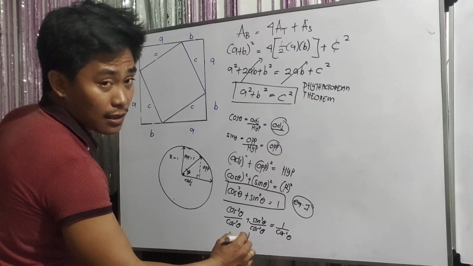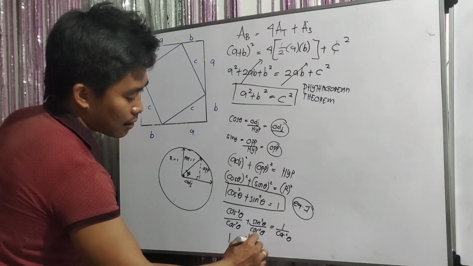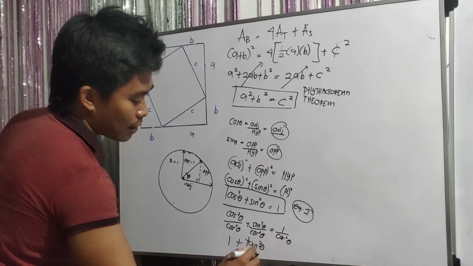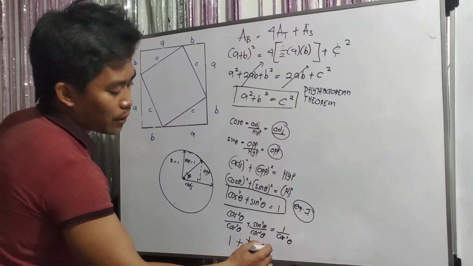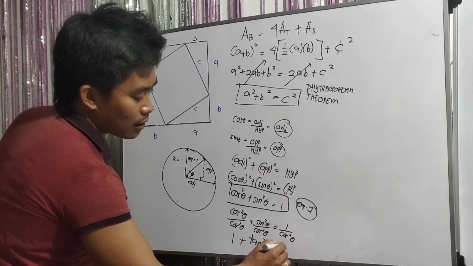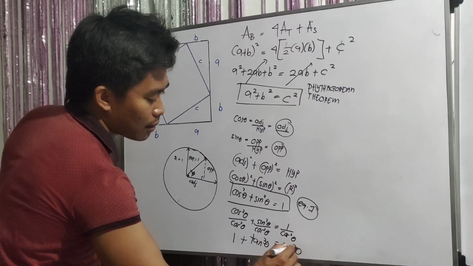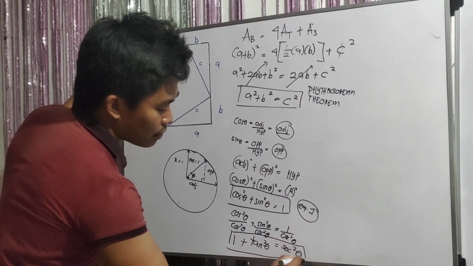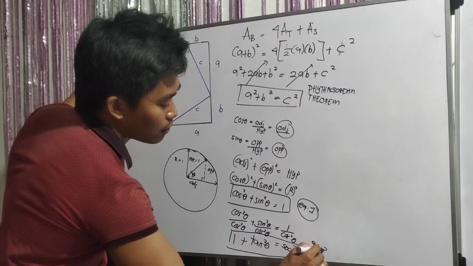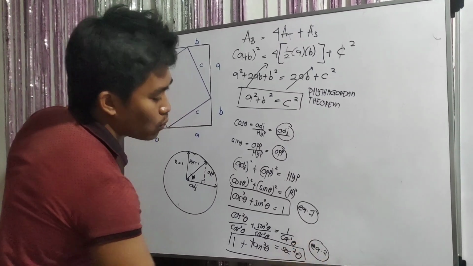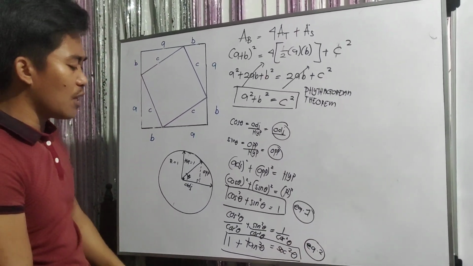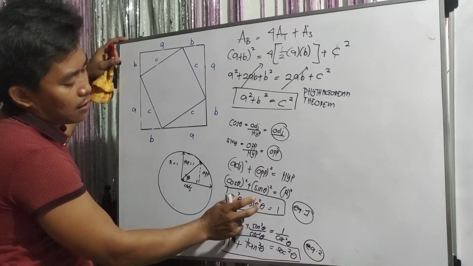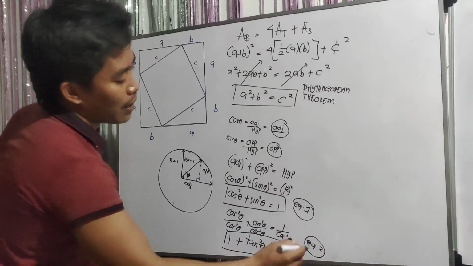What is that? That is tangent squared theta. How about this one? 1 over cosine squared is just equal to secant squared theta. This gives you another identity. We call that equation 2. Now, what if we divide it by sine squared theta? What will happen?